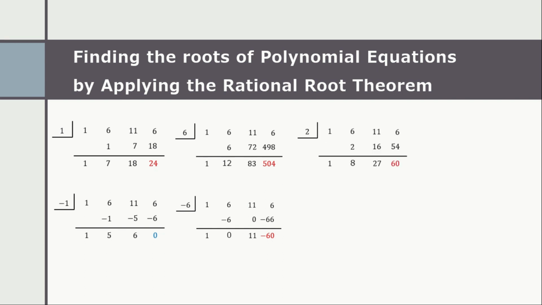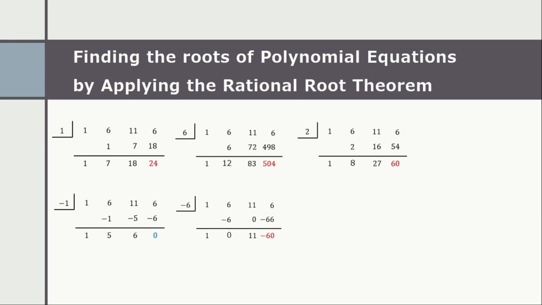Again, following the steps in synthetic division, we write the coefficients of the given polynomial, and that is 1, 6, 11, and 6. Then we need to bring down the leading coefficient, which is 1. Then 1 multiplied to the divisor 2 will give us 2. Then 6 plus 2 is equal to 8. And 8 times 2 is equal to 16.